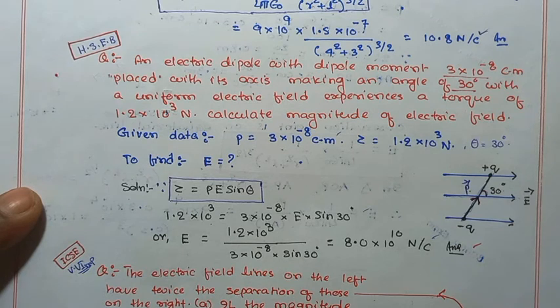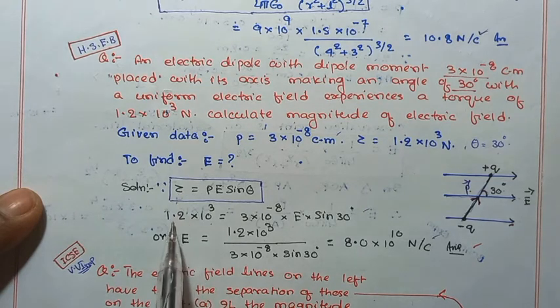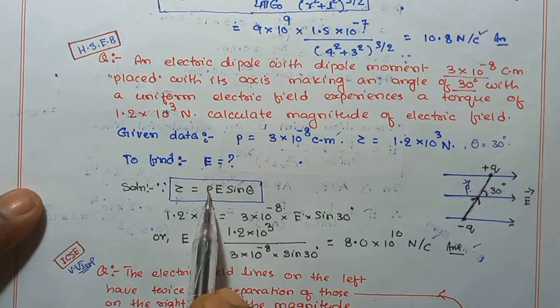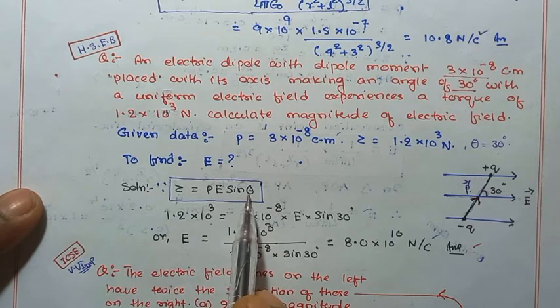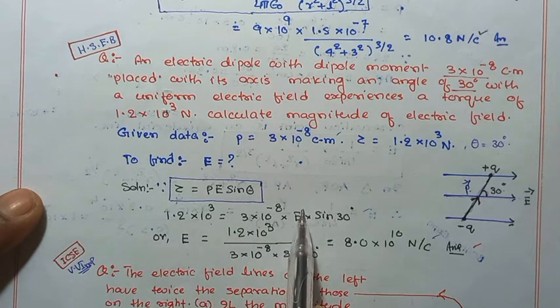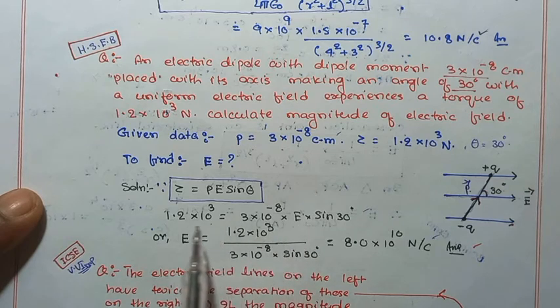We all know the formula for torque: tau is equal to P E sin theta. The value of tau is given as 1.2 into 10 power 3, the value of P is given as 3 into 10 power minus 8, and theta is given as 30 degree, so sin 30 degree. The unknown quantity is E. So E is calculated from this equation. After solving, we will get 8 into 10 power 10 Newton per Coulomb. Okay?